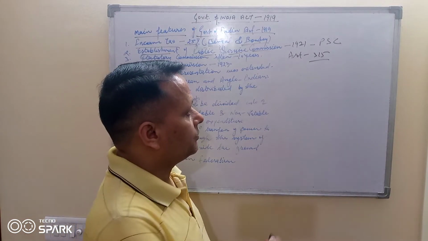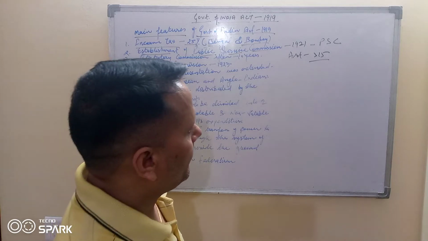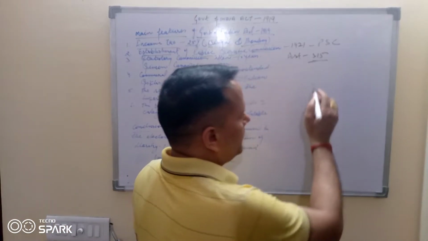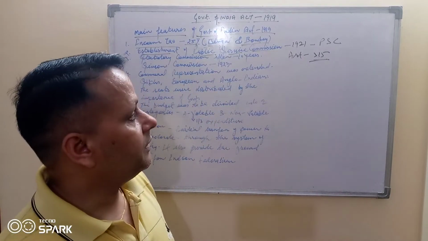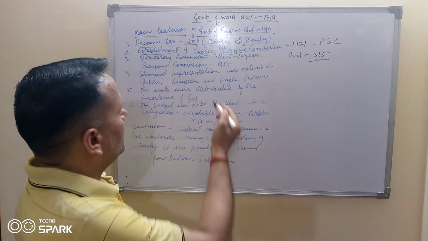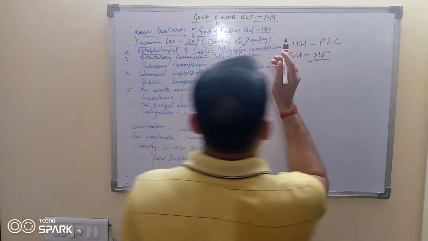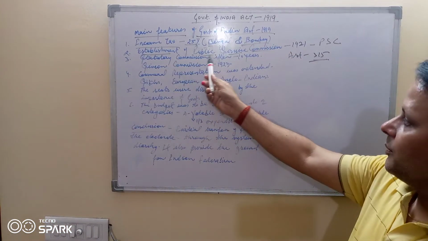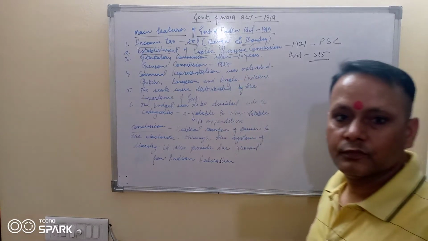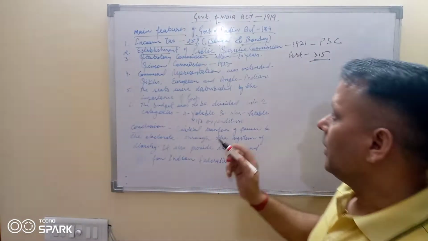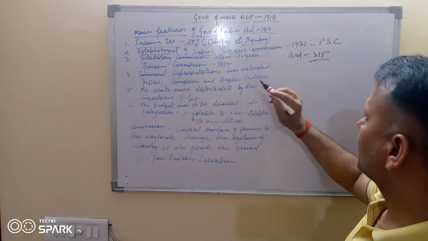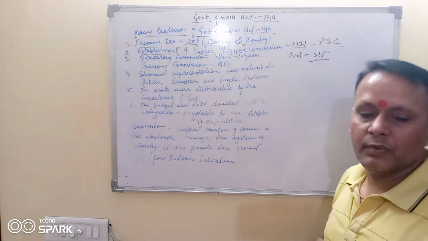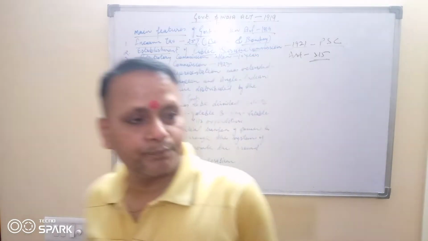So in the Indian Constitution, this article was provided regarding the public service commission. According to the Government of India Act 1919, the provision was first laid down, and the outcome of this act in 1921 was that the public service commission was established.